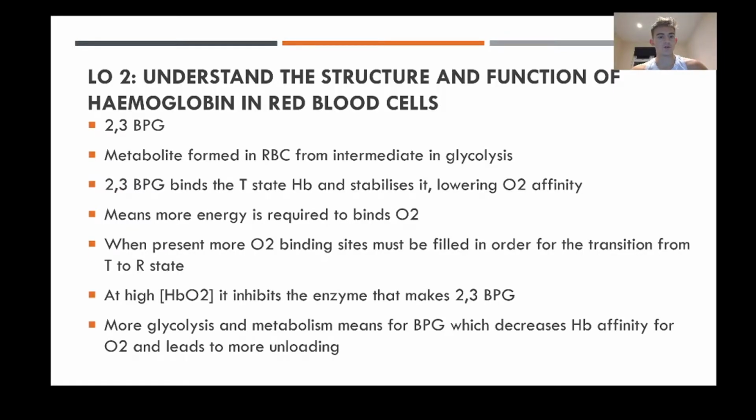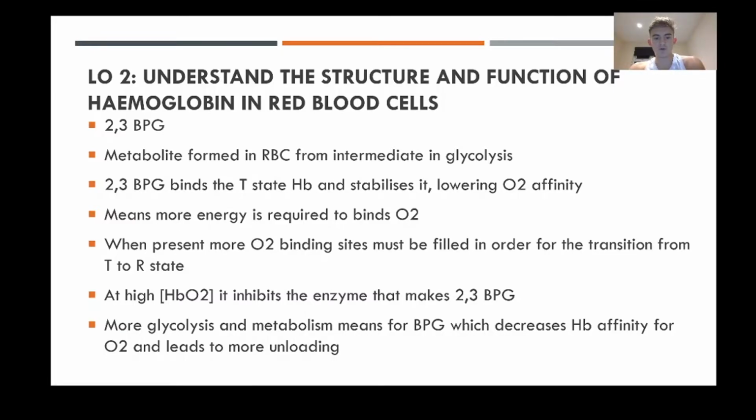Then we've got this molecule called 2,3-BPG, a metabolite formed in the red blood cells from an intermediate in glycolysis. BPG binds to the T-state hemoglobin, the tense state, which we'll talk about, and stabilizes it, therefore lowering its affinity for oxygen, meaning more energy is required to bind the oxygen.